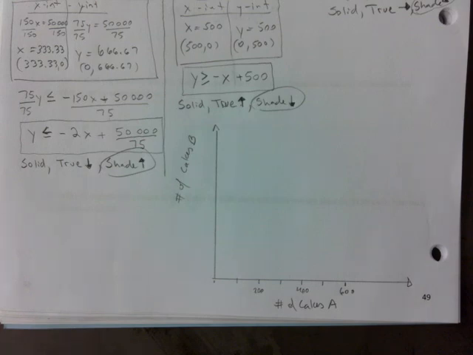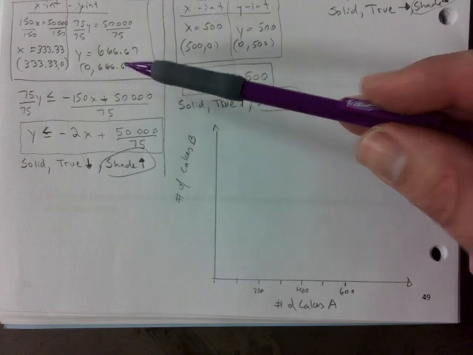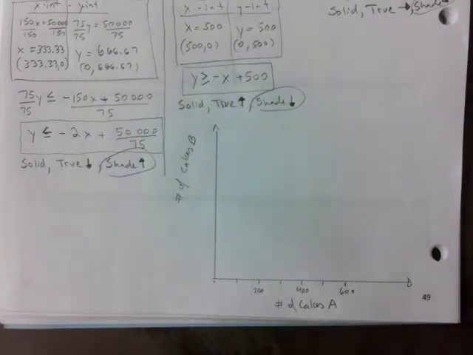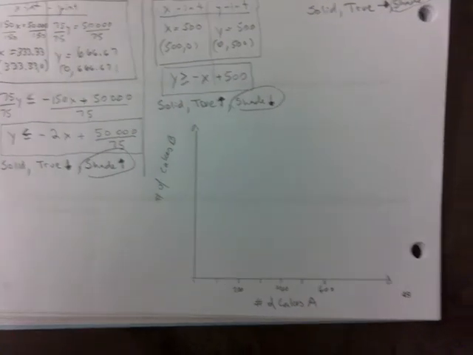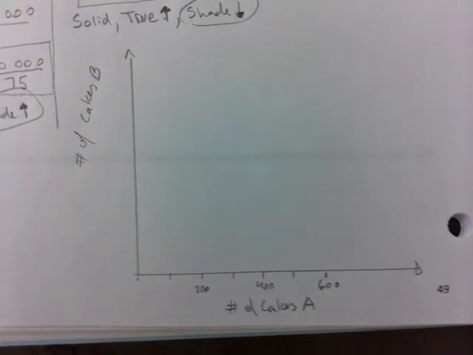And what's the biggest Y-intercept? 0, 666, right, is the biggest one. So I have to make sure that I have 700. Is that better?